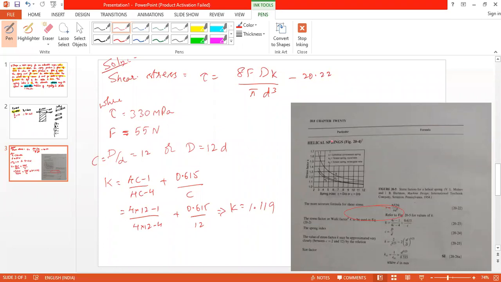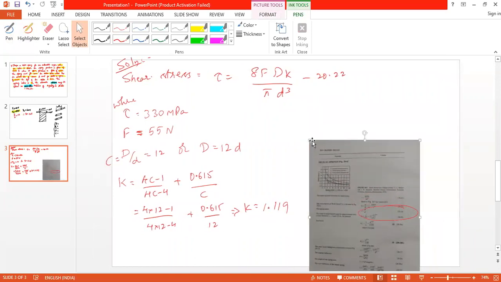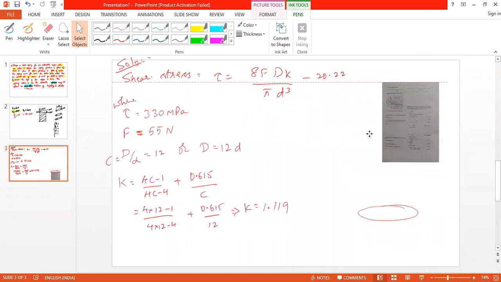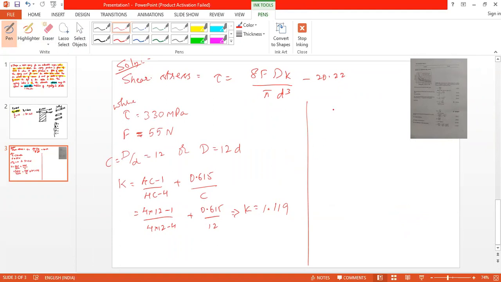So can we calculate the value of d now? Therefore, 330 is equal to 8 times 55 multiplied by 12 times d, multiplied by 1.119, divided by pi d cube.